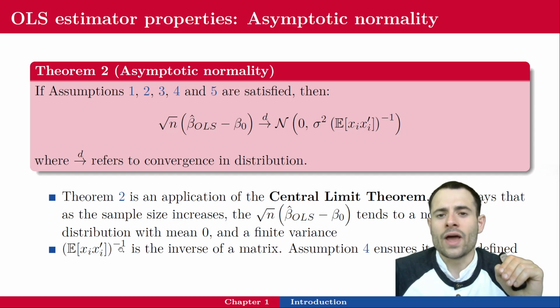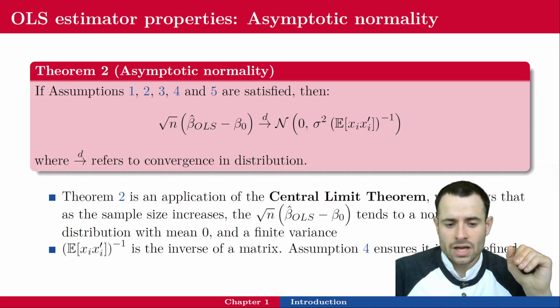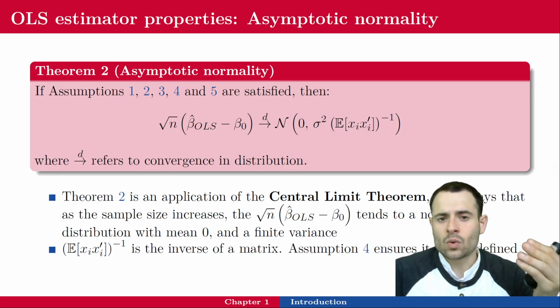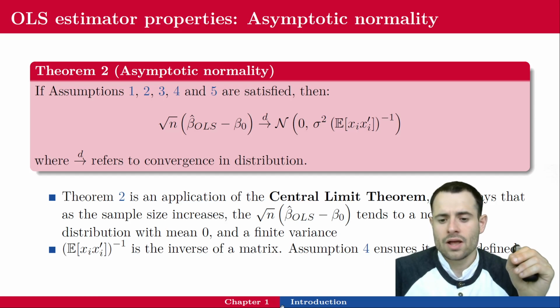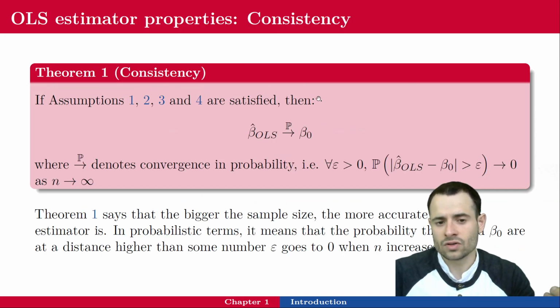Remember that 1 over x is well defined everywhere except when x is equal to 0, correct? Because 1 over 0 is undefined. Well, if columns of the matrix X are correlated with each other, this is equivalent to 1 over a 0 matrix, and this is not defined. So we need to make sure that assumption 4 holds for this math to hold. Assumption 4 is needed here as well.